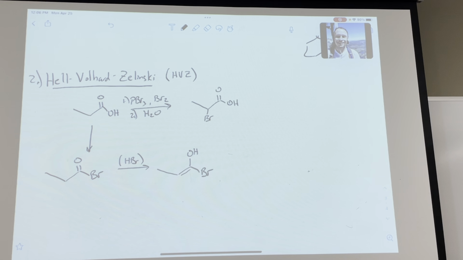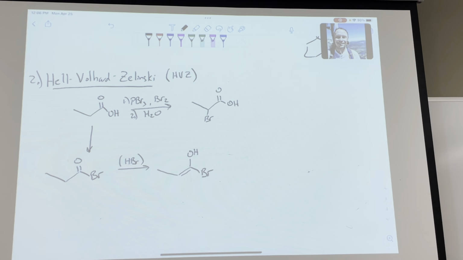The resonance donation does not work nearly as well with the bromine as it does with the oxygen. So this can enolize pretty well. And as soon as it enolizes, the electrons come down and get kicked out the alpha position. Do a minus H plus step.